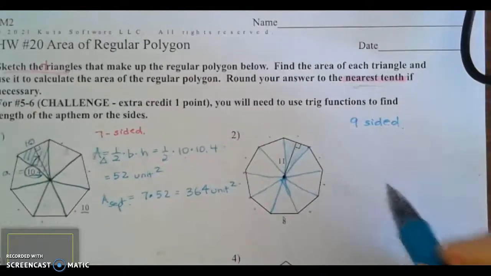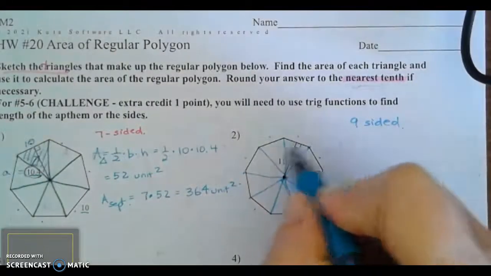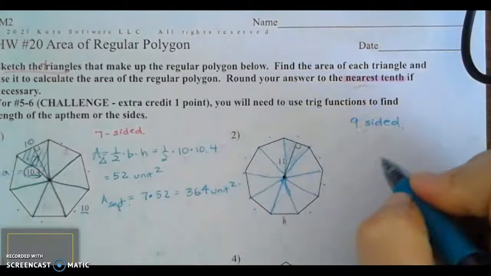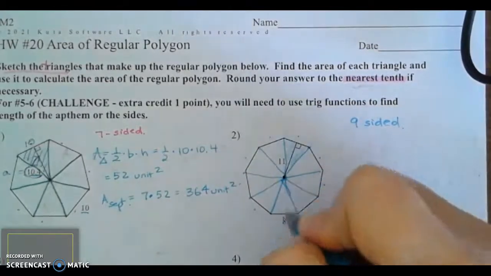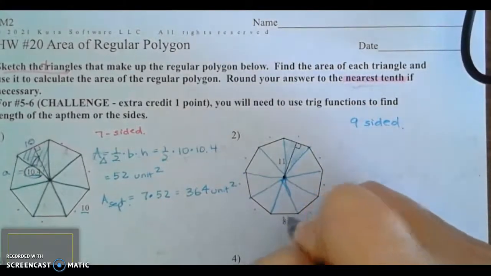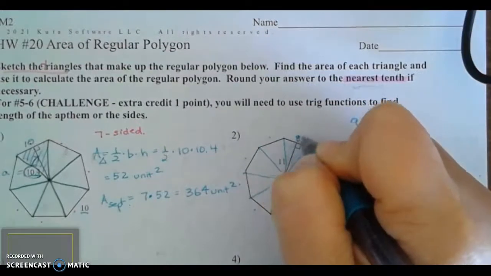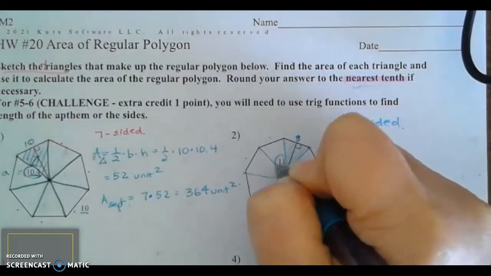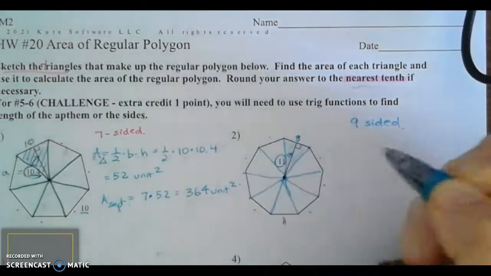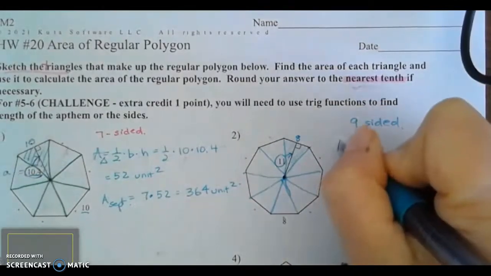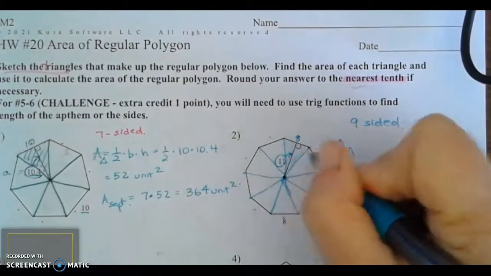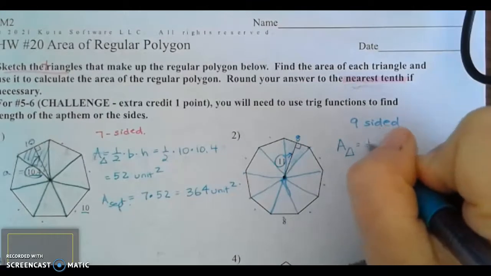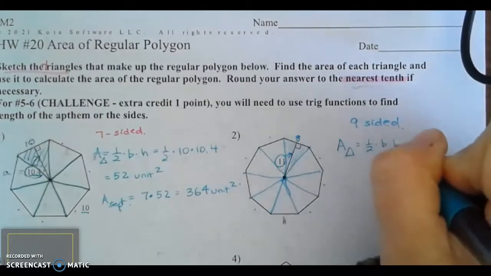All right, number 2. I counted a 9-sided polygon, and I am given the side length to be 8. That means this is going to be 8 units too, and the apothem's length is provided as 11. So to figure out the area of this blue triangle is going to be half times base times height.